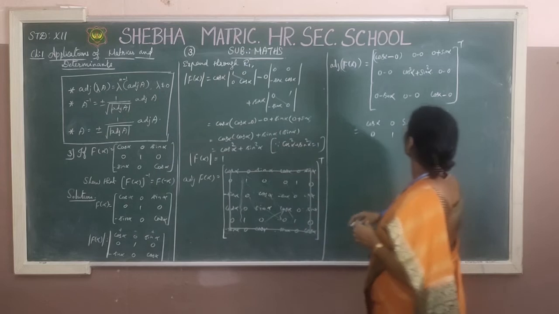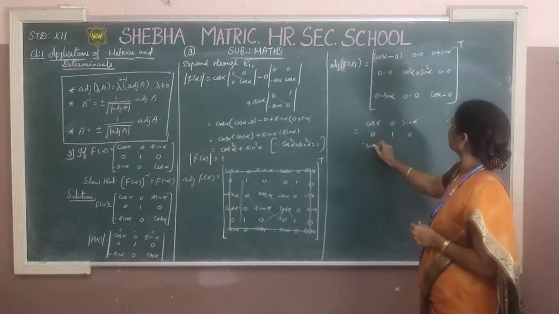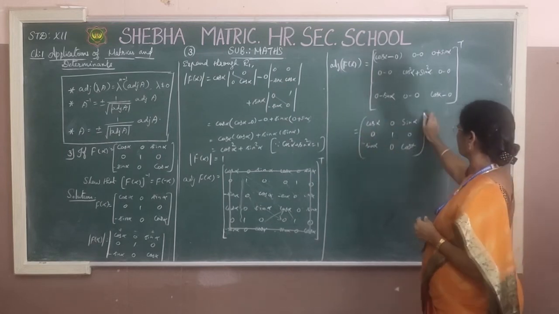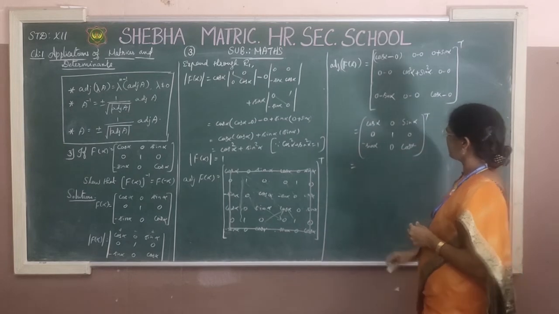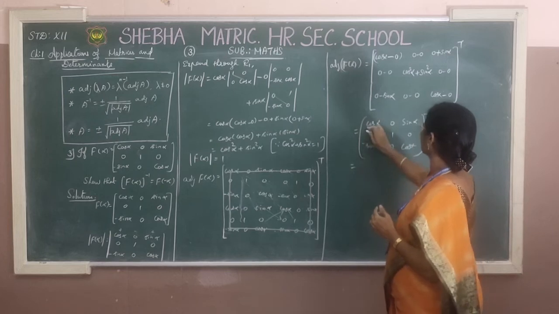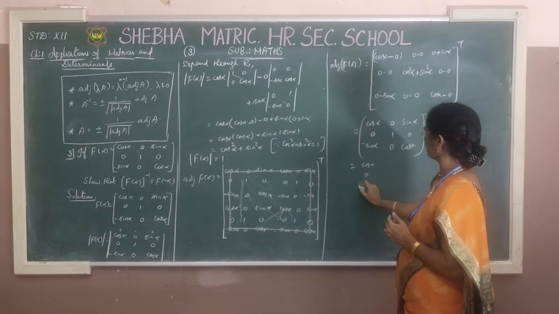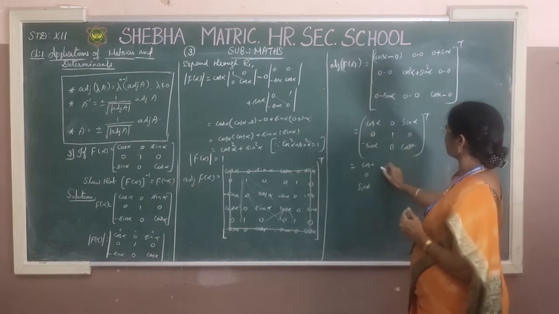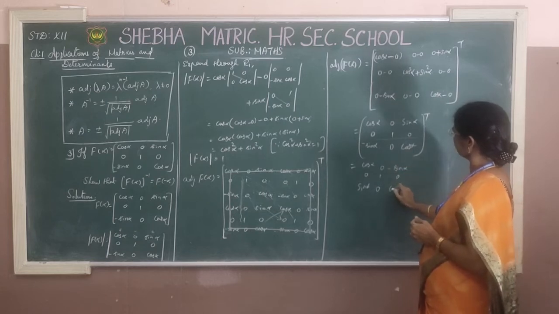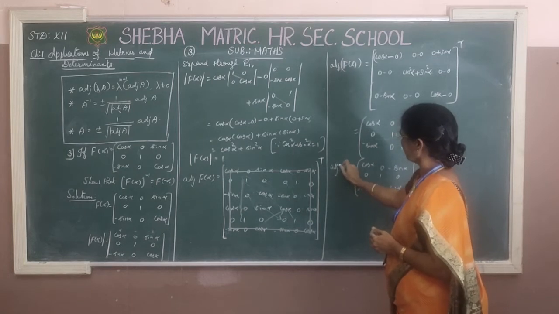Using the same formula, we put 1, here 0, here minus sin alpha will come, here also 0, here cos alpha. Transpose. So, transpose this. How to transpose? Just change the rows into columns. So, first row becomes first column cos alpha 0 sin alpha. So, second row becomes second column and third row becomes third column. So, this is our adjoint f of alpha.